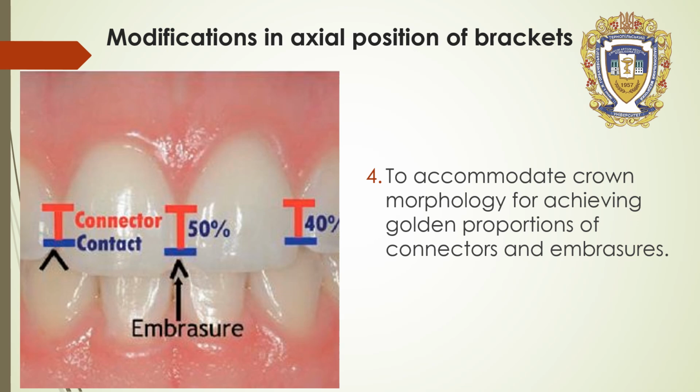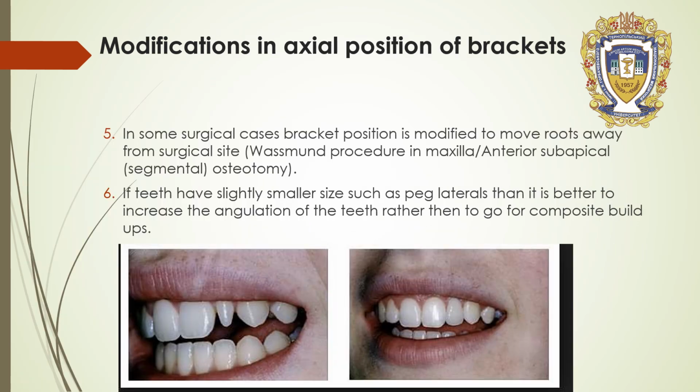Next modification is to accommodate crown morphology for achieving golden proportions of connectors and embrasures. Fifth point: in some surgical cases, bracket position is modified to move roots away from the surgical site.